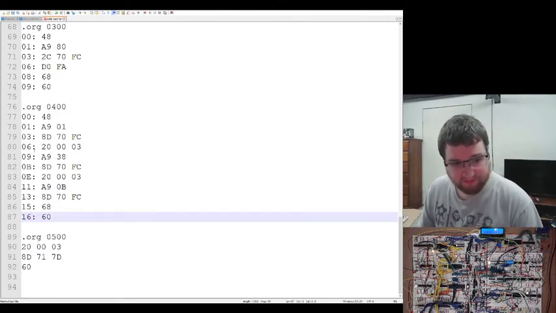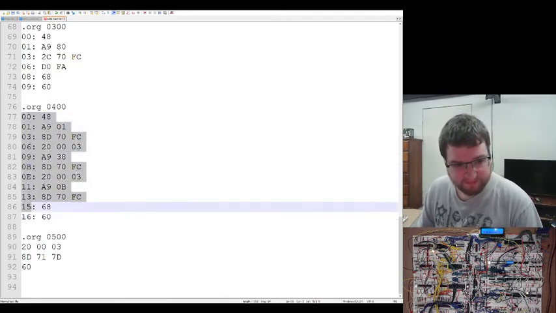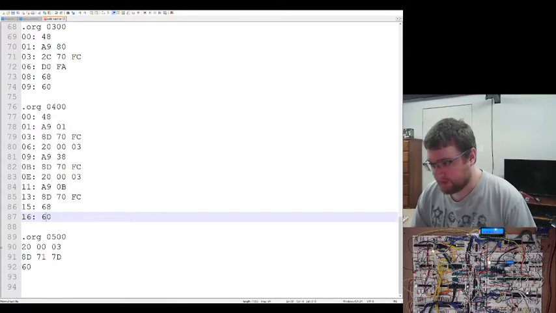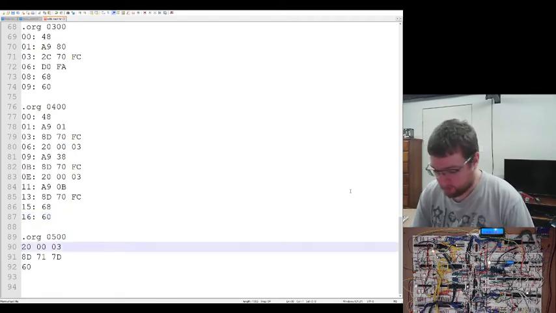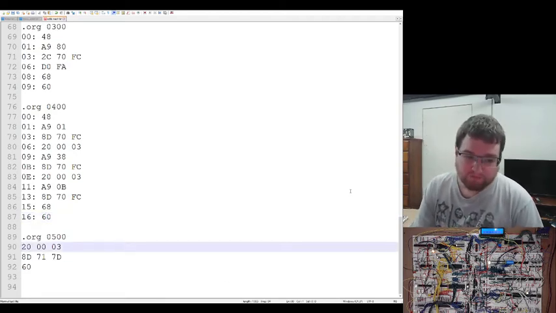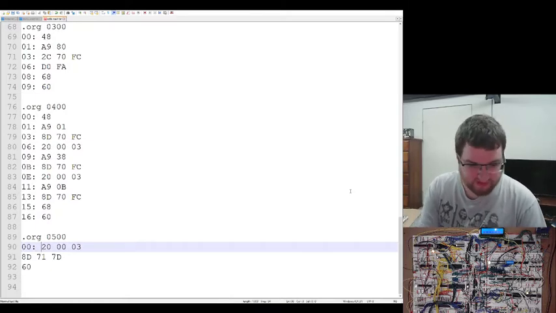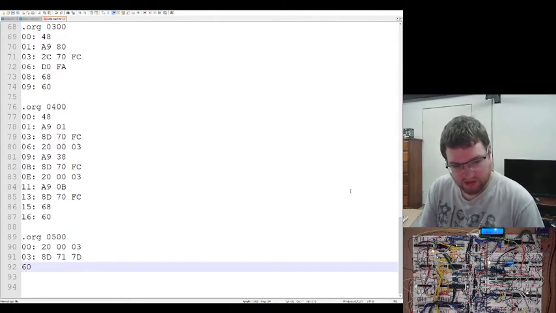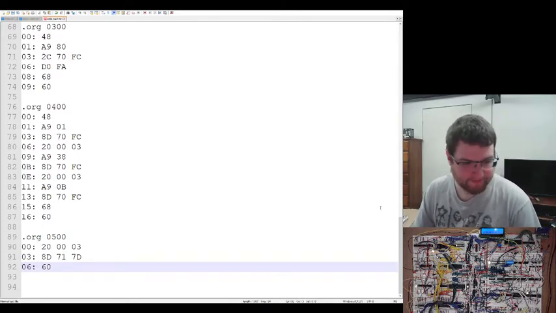I think that's right. I'm not sure. But we'll go with this, right? Because I don't have any jumps that need to specifically go anywhere. And we can check it while we're programming, too. Anyways, this is 0, this is 3, and then this is 6.